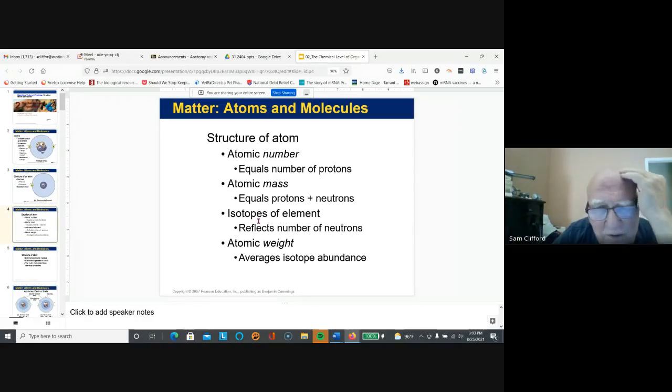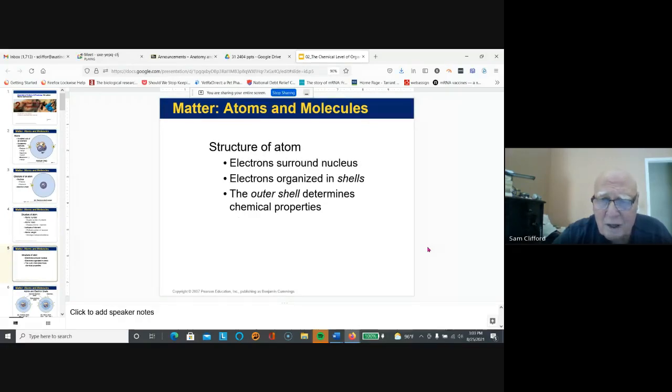So carbon 12 is going to have 6 electrons and 6 protons. Carbon 14 is going to have 6 protons and 8 neutrons, but it's still carbon. Atomic weight: if you take all the various isotopes and you average that weight, that'll be the atomic weight of an element.